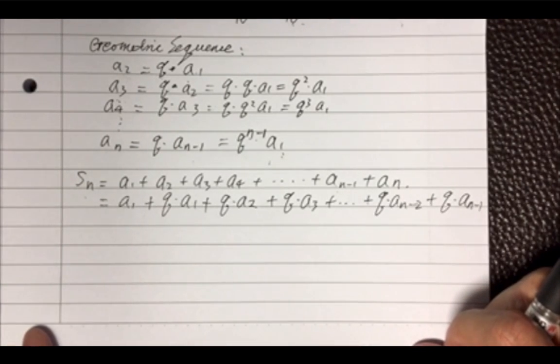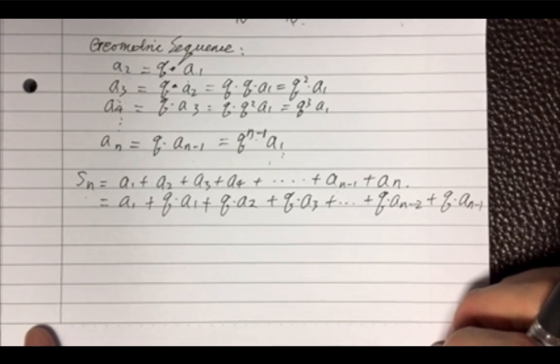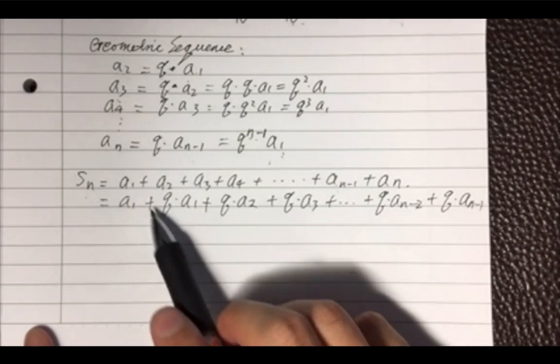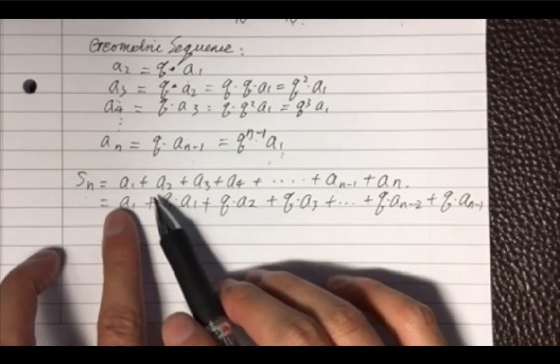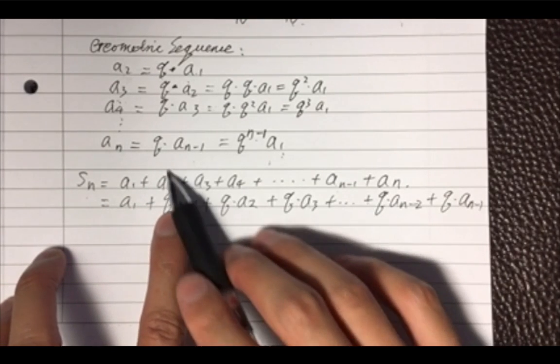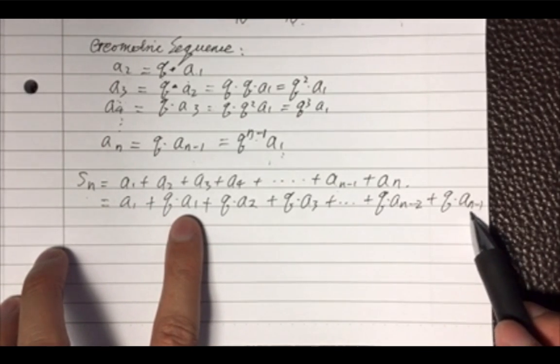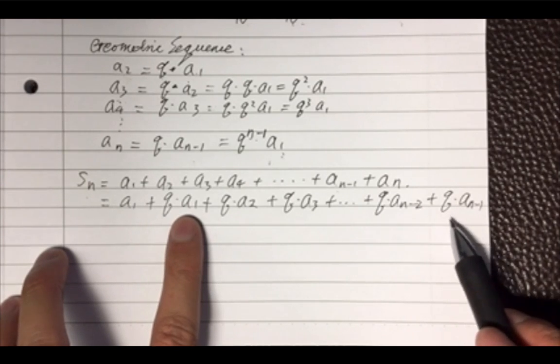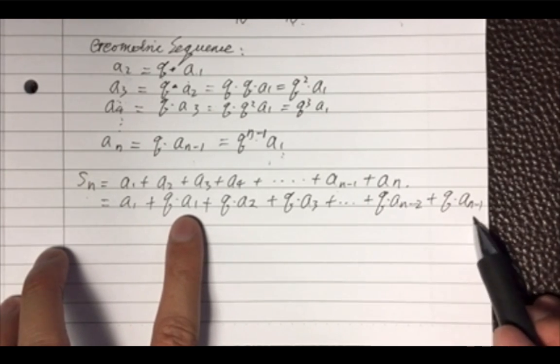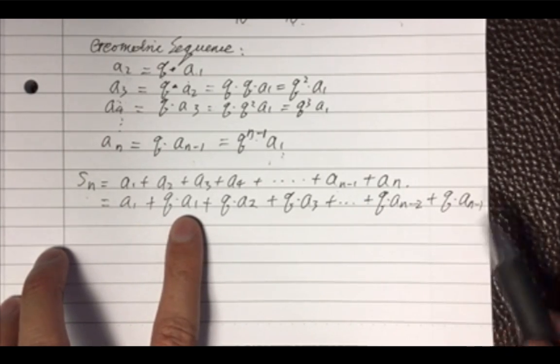Next, we do some observation. We know that all the terms are with q, you see? It's a1 times q, a2 times q, a3 times q, until the last term, q times a(n-1).